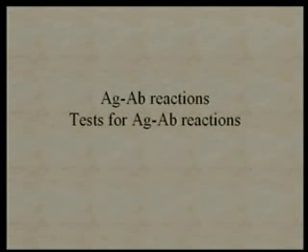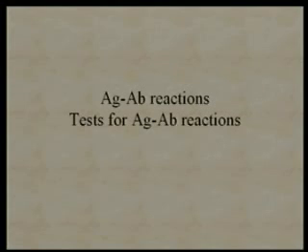Okay, what we're going to talk about now are the nature of the interaction between antigens and antibodies. And then we'll spend some time talking about some of the tests that employ antigens and antibodies to measure things for you. The tests that we'll go over are things that would be commonly done in a clinical lab.